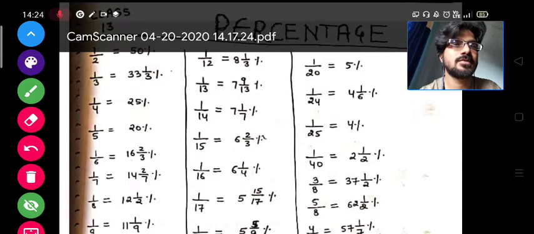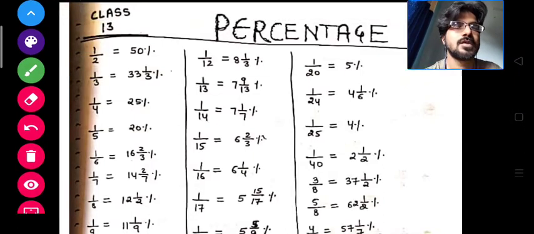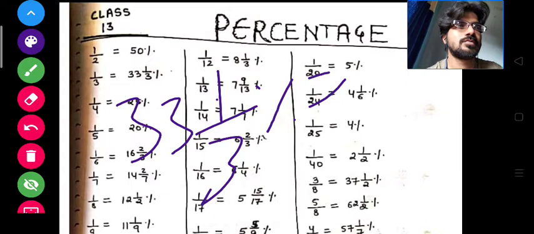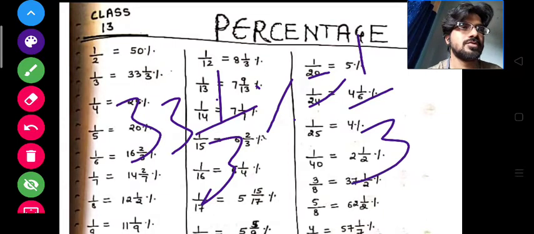Let's take another example. Suppose you have taken an example like 33 1 by 3%. 33 1 by 3% is 1 by 3. What does this mean?